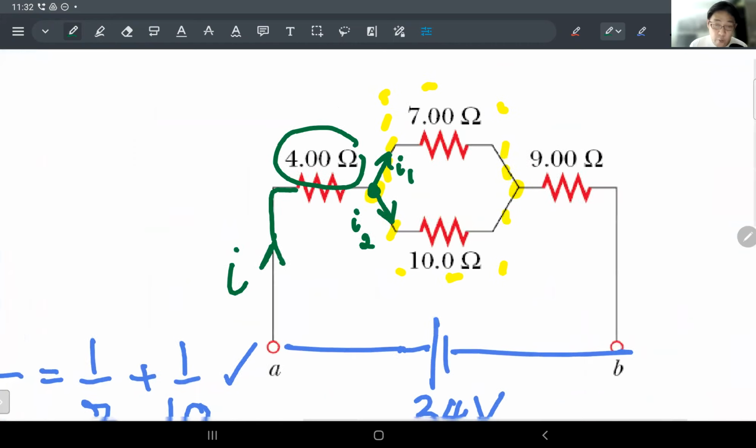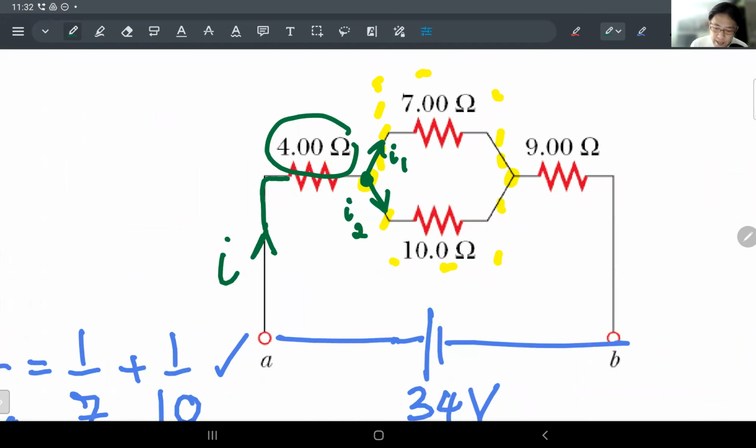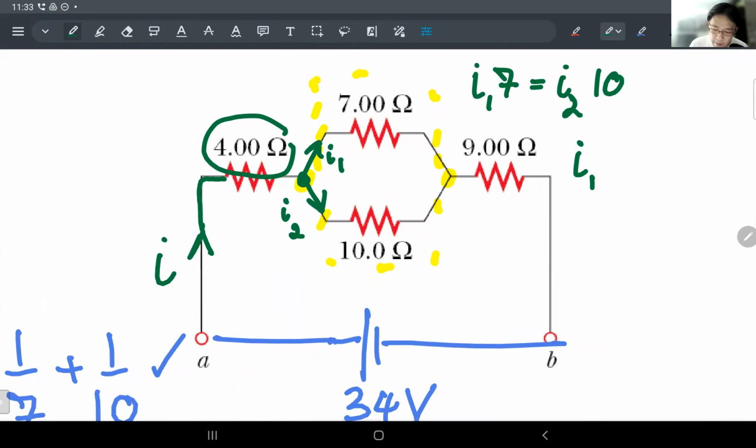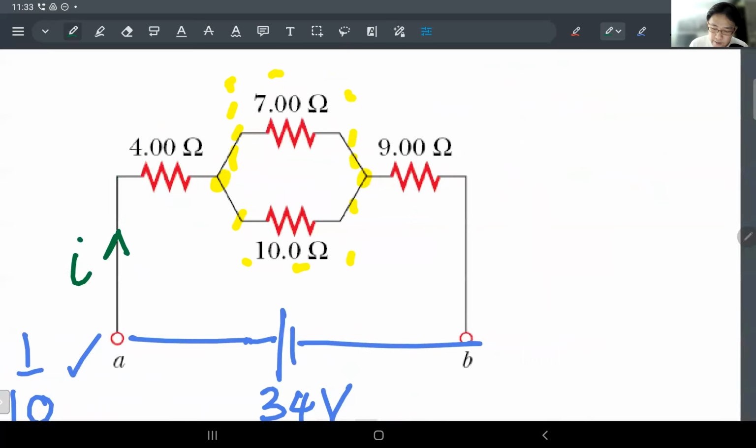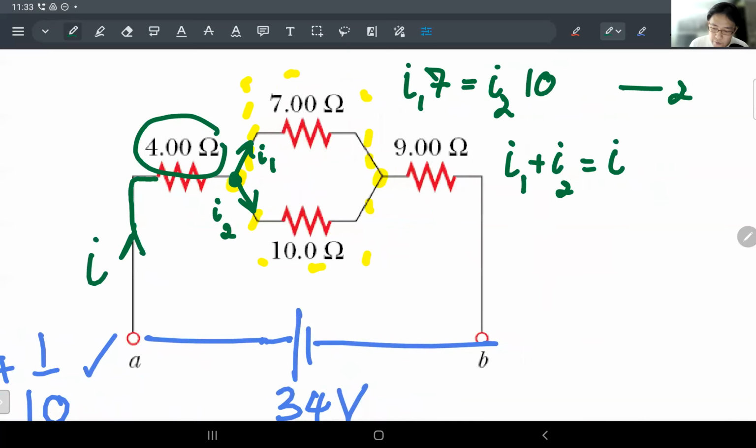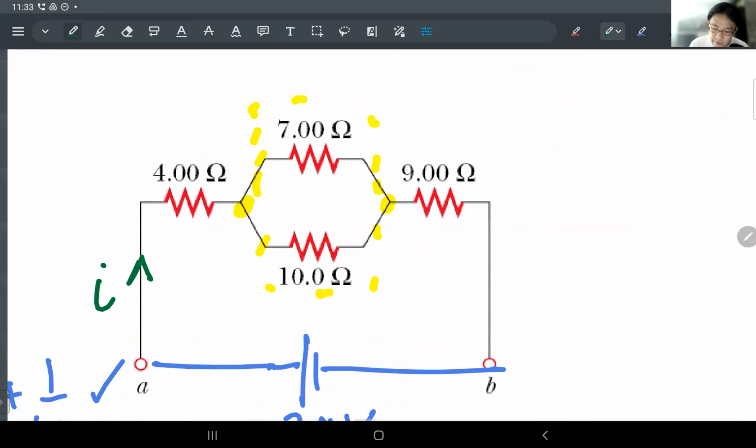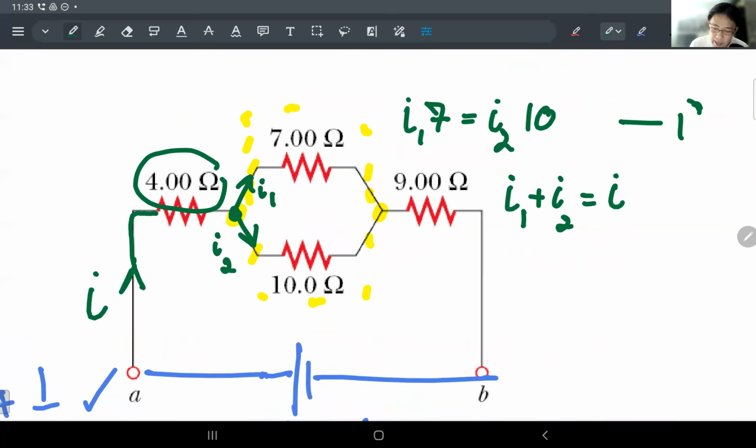Remember the condition whenever you have a parallel connection: I1 times 7 must be equal to I2 times 10, because they are sharing the same potential difference, the same terminals. However, you already know I1 plus I2 is nothing more than the original I. You have two equations, 1 and 2, so you should be able to calculate I1 and I2, and that allows you to figure out the amount of current flowing through each resistor.